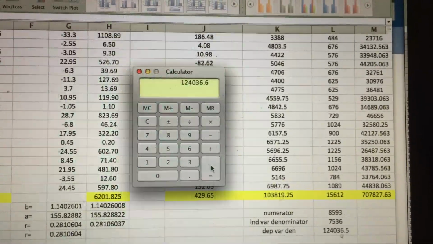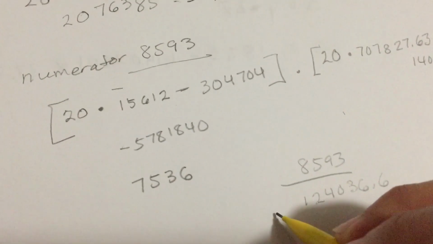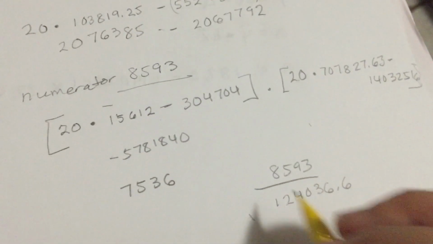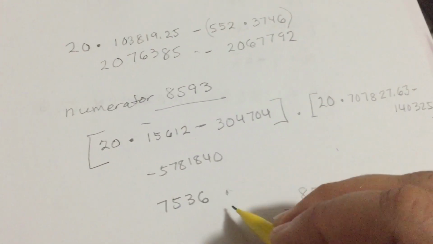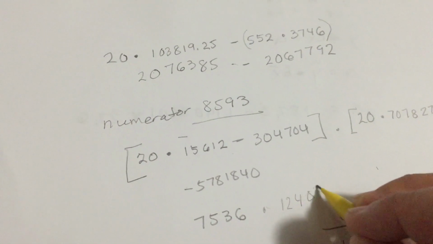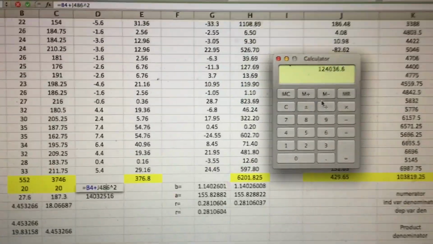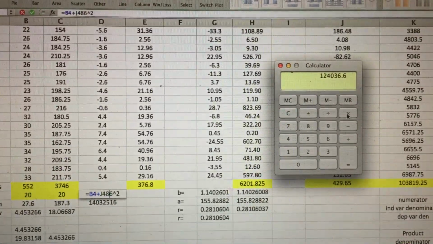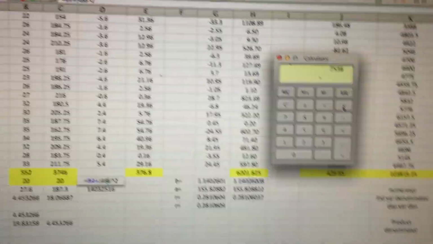Let me write that down. 124036.6. Okay, so now we've got our formula. When we put all of that, we've got 7536, and then we have to times it by that answer, which is 124,036.6. Okay, so let's times this by the independent variable, which is 7536.